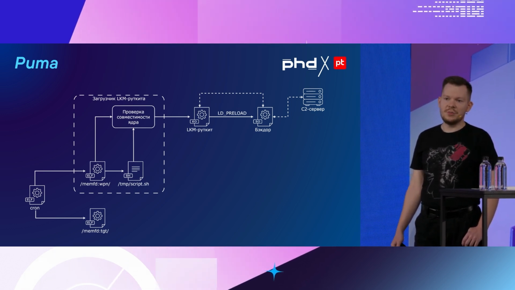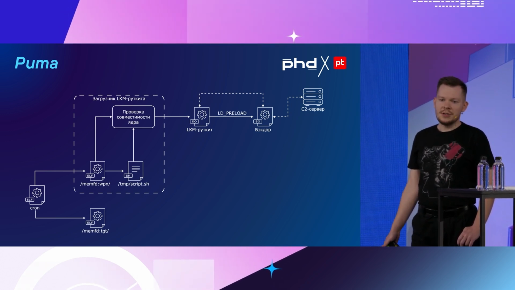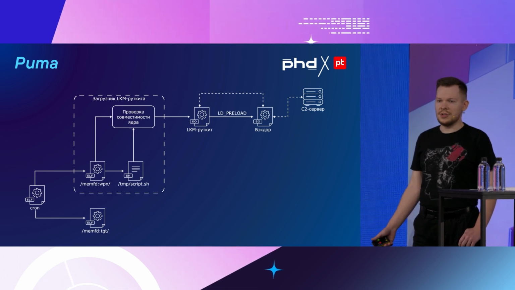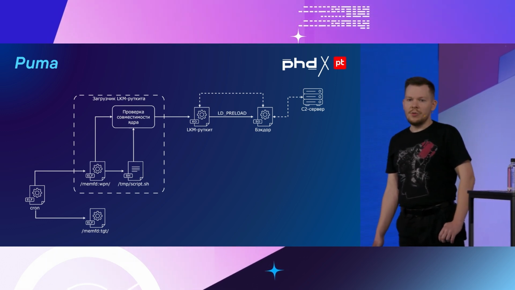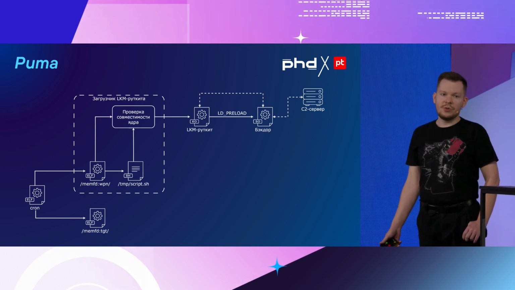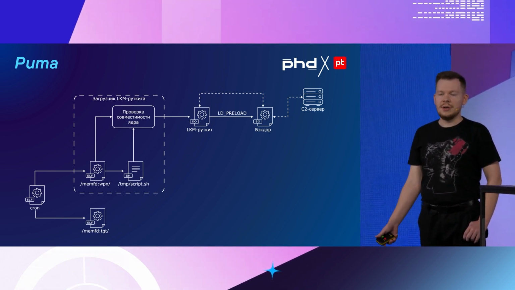So the purpose of the uploader is to check compatibility of the current version of the core of the system with the version of the core for which the rootkit was compiled. In order to do that, it checks whether the CTR wood is on. In case it's on, then it completes its work.